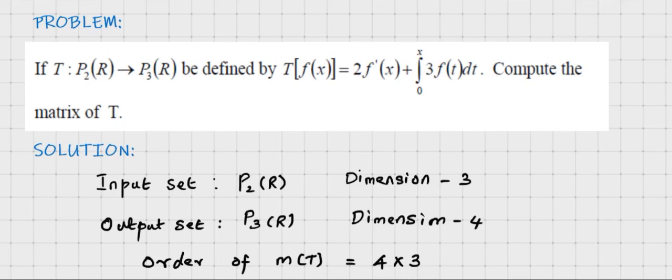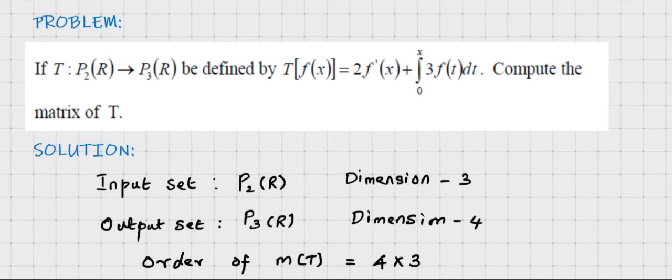So P2 of R contains polynomials of degree 2, degree 1, or even degree 0. Degree 0 means constant polynomials. Similarly, P3 of R is the set of polynomials of degree at most 3, that is maximum 3. So it contains polynomials of degree 3, 2, 1 or 0.